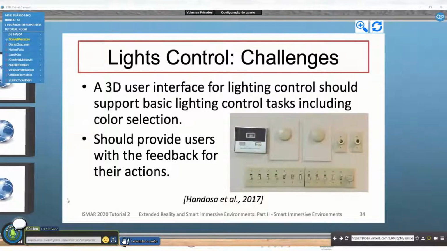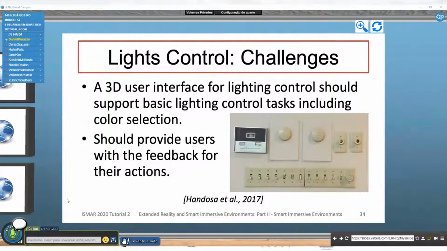If you are now in a new environment and you see a collection of switches such as this, it will take some time to actually determine which switch does what, and there is a problem remembering.